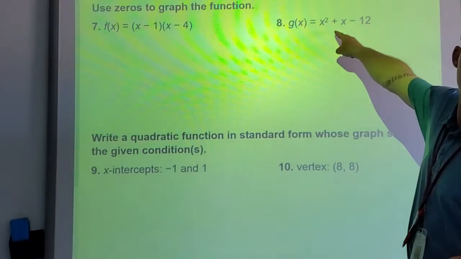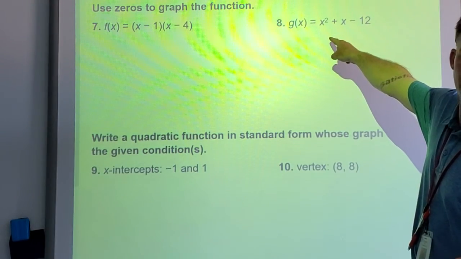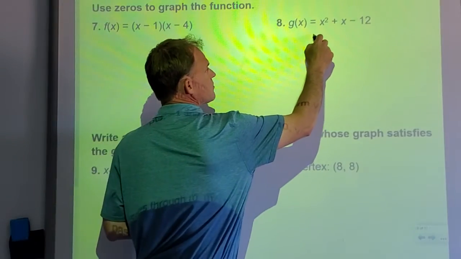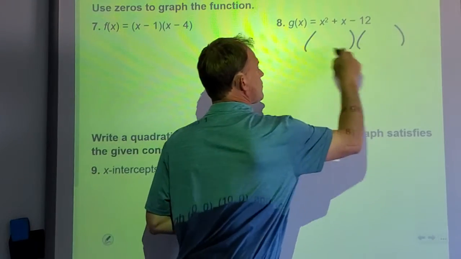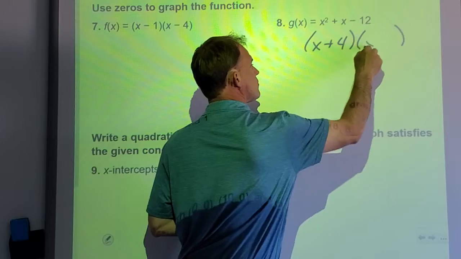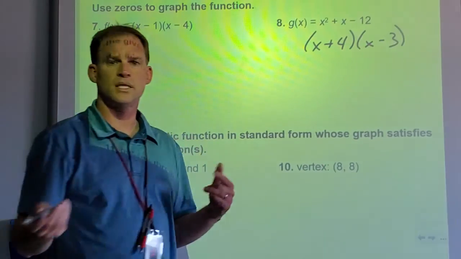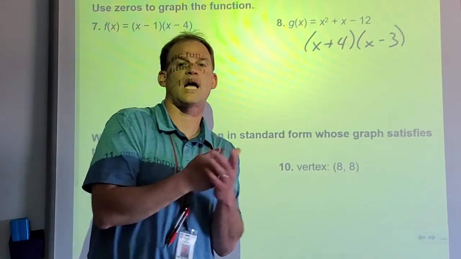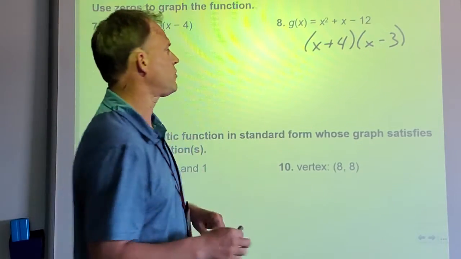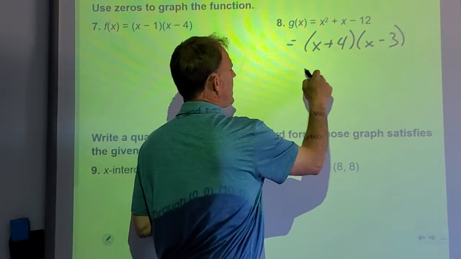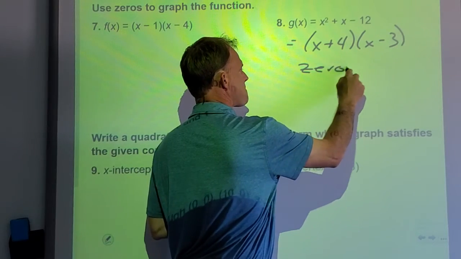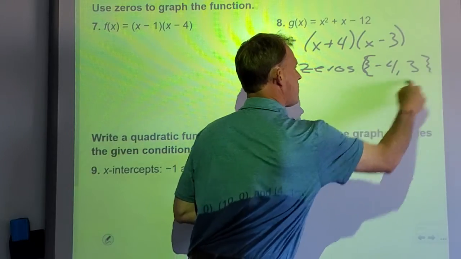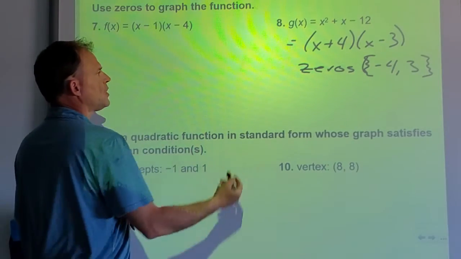Do this one, graph this problem. Multiplies to negative 12, adds to positive 1: positive 4, negative 3. Get your signs right, or your signs will be off, okay? So my zeros are negative 4 and 3.